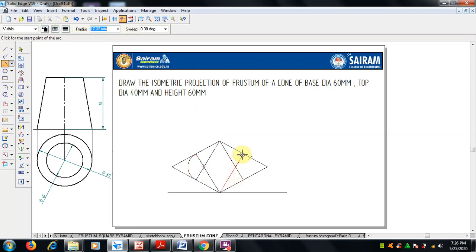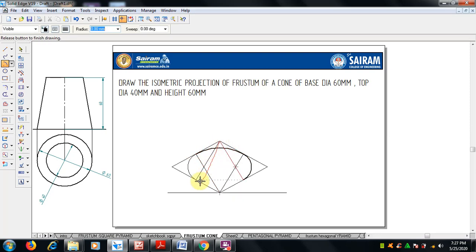So intersection of this end point arc, and longer radius I am going to complete this. Select this is the center point and arc complete here.